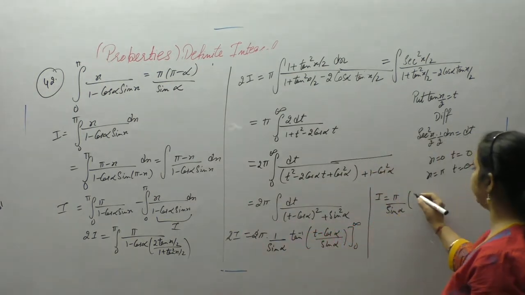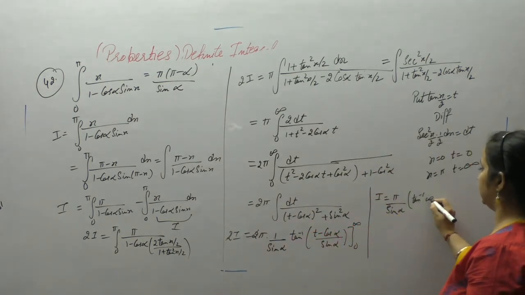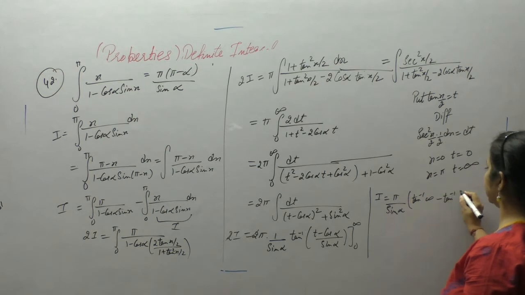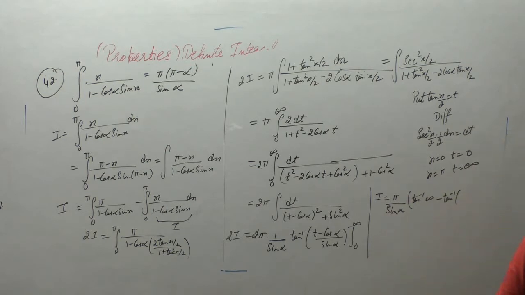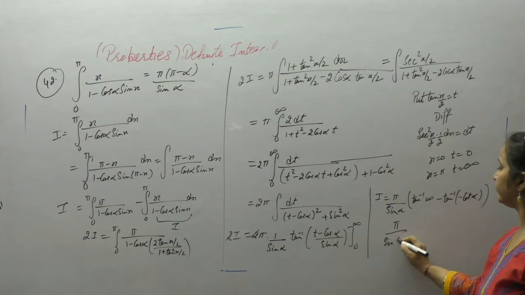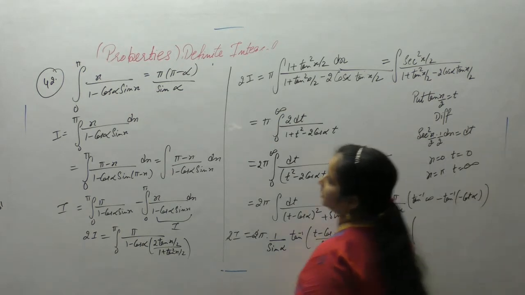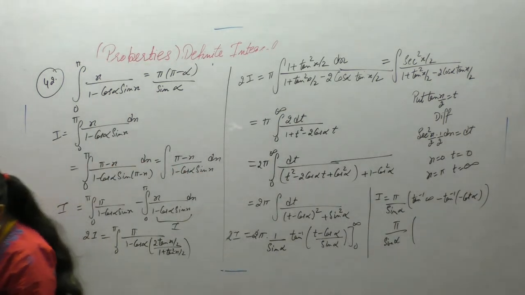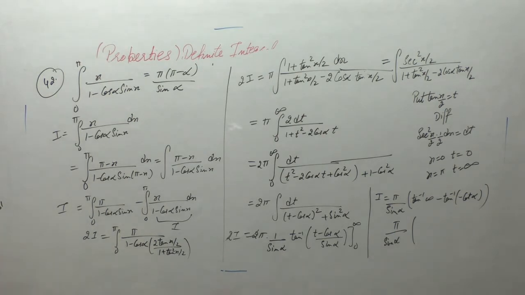Tan inverse infinity minus tan inverse of minus cos upon sine, which is cot. Tan inverse infinity is pi by 2.